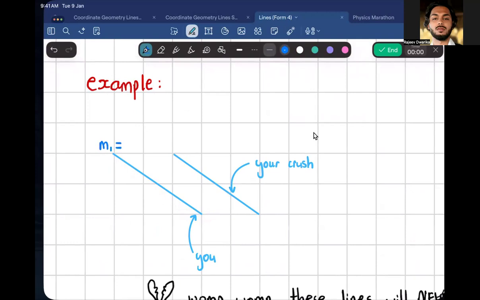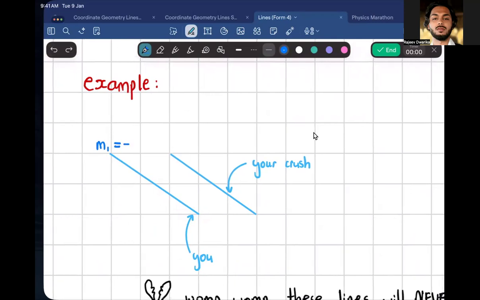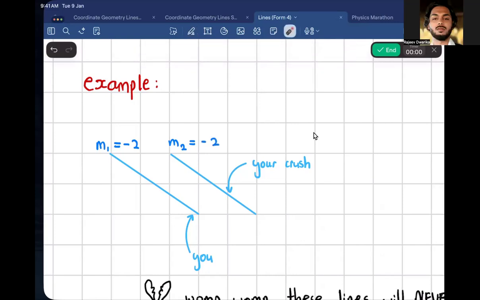Let's say the gradient of line one was -2. Since it's parallel, what would the gradient of the second line be? -2. Yeah, the gradients would be the same, right?